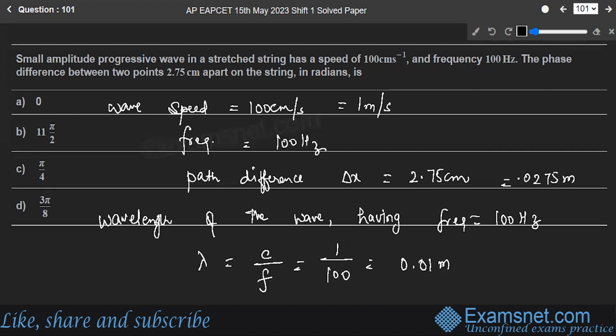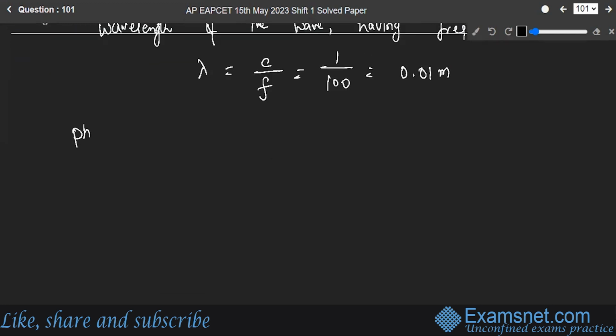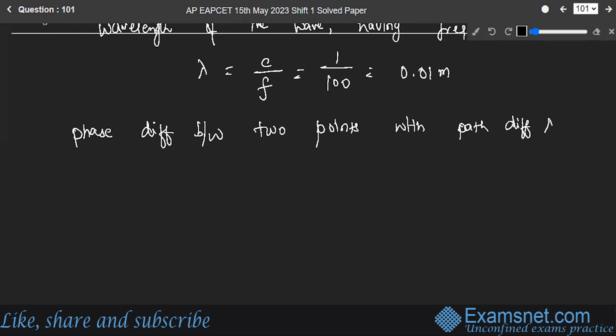This is your wavelength. Now the phase difference between the 2 points with path difference delta x is given by 2 pi upon lambda into delta x.